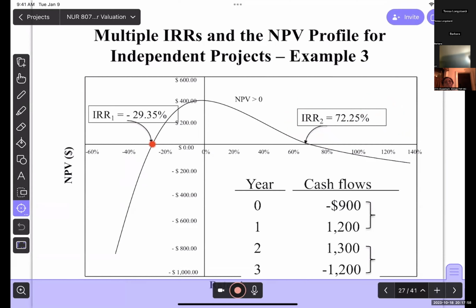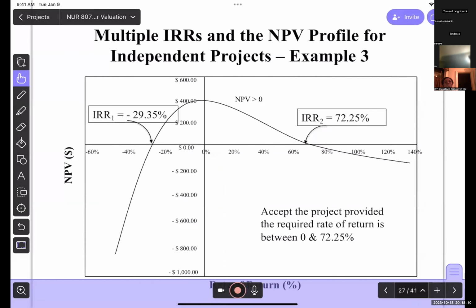We're not in business to lose money. So this is a mathematical result, but to make the interpretation, you just use common sense and you say, accept this project, provided the required rate of return is between 0 and 72.25. But like I said, this is really high, and it's basically saying it's a positive NPV project all the time.